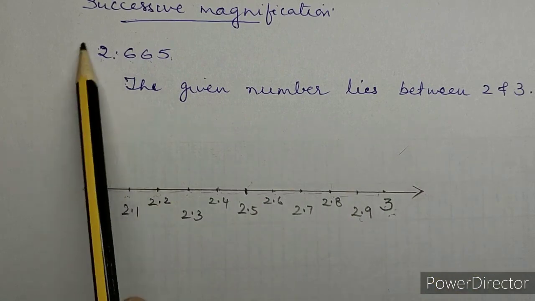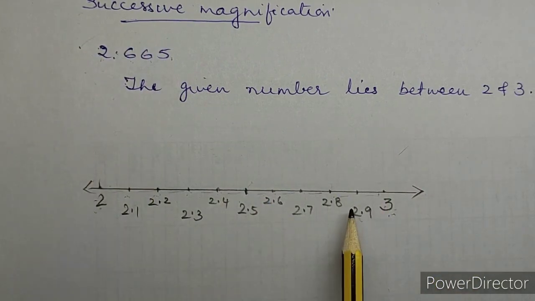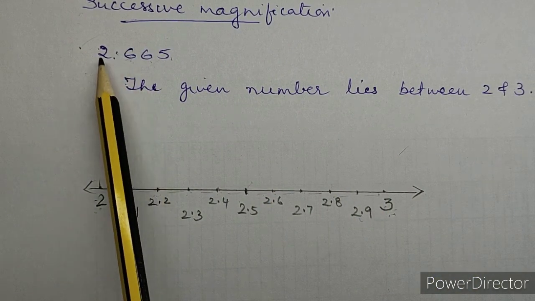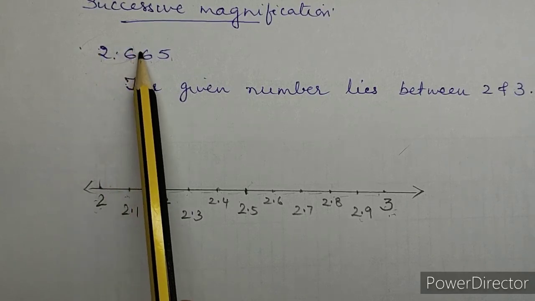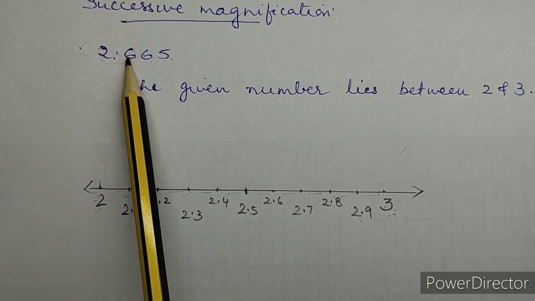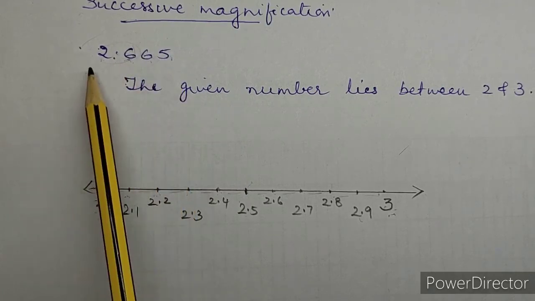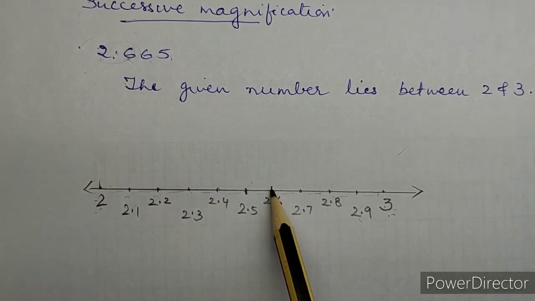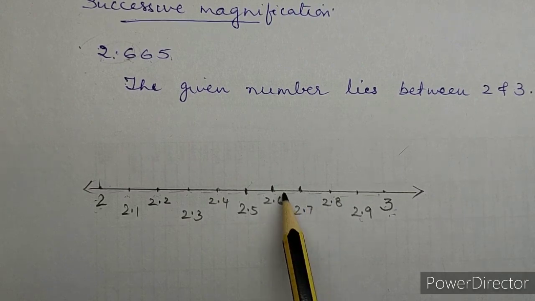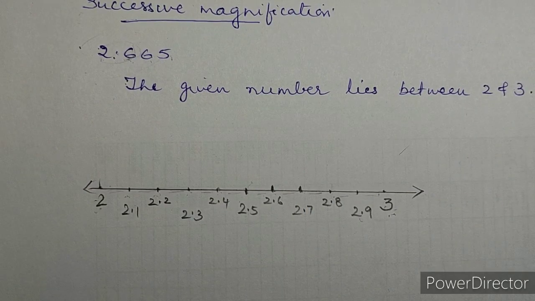Now where does this number lie on this number line? Only the first decimal place can be shown. The first decimal is 2.6, and after that it continues as 2.665.